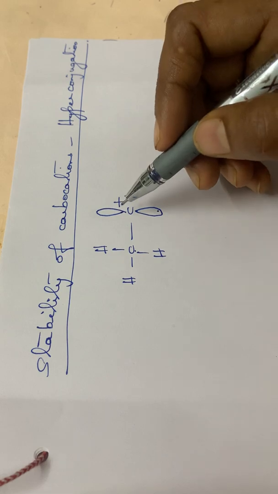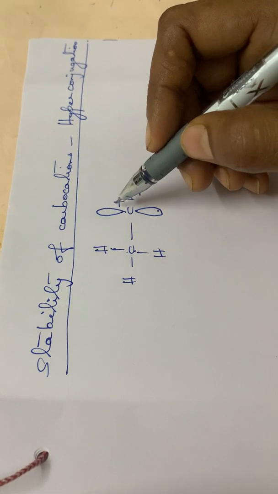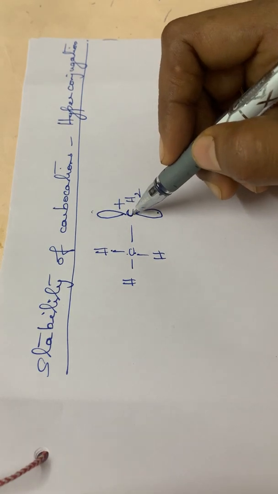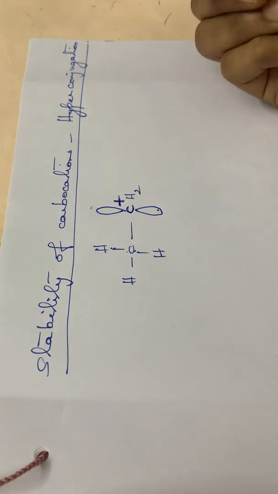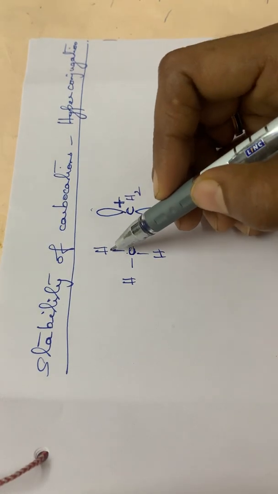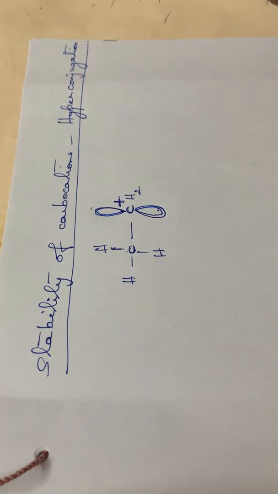That is, the CH sigma bond electrons will be in conjugation with the vacant p orbital present on this carbon atom, which has a positive charge. That means it has a CH bond which is in conjugation with the unhybridized p orbital.